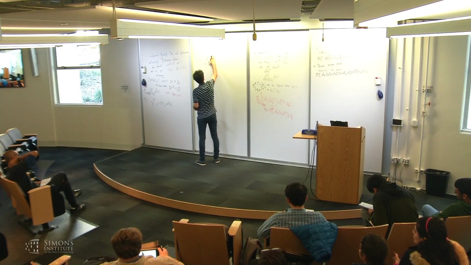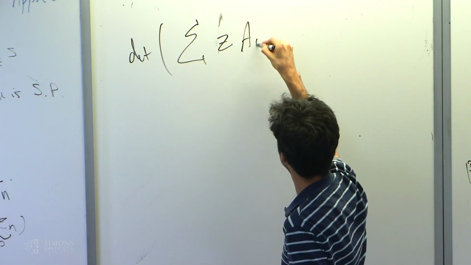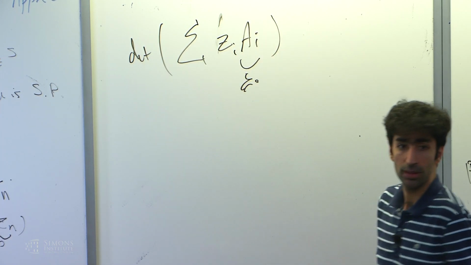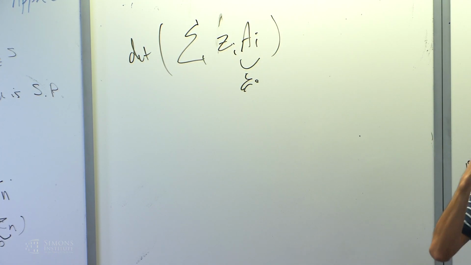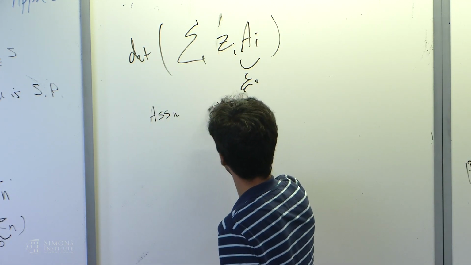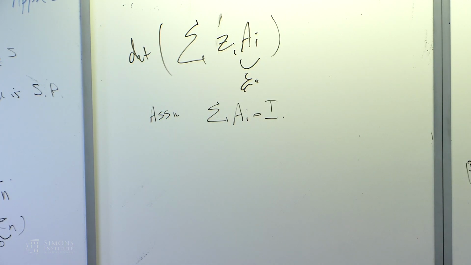So you're basically asking about the determinant of the summation of z_i A_i, where the A_i are PSD. Yes, and let's say the sum of them is identity. Yes, and I want to generate.